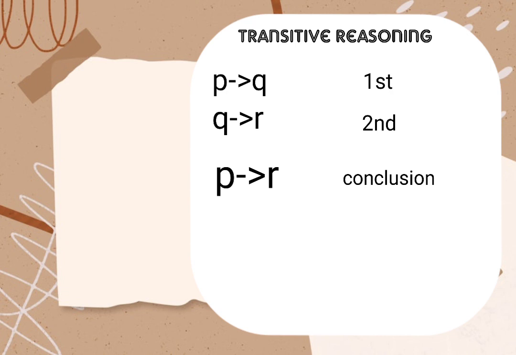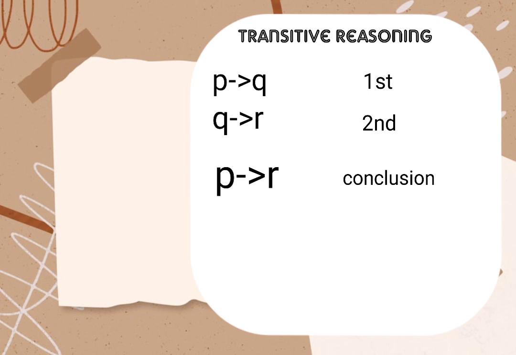So, papalitan pa din natin yung arrow ng equal sign. So, magiging P equals Q equals R. Kung ang P ay equal to Q, kung ang Q ay equal to R, meaning yung P is equal din sa R. Kaya kung papalitan natin ng equal yung arrow, nagiging P then R. So, yung P then R ang ating conclusion.